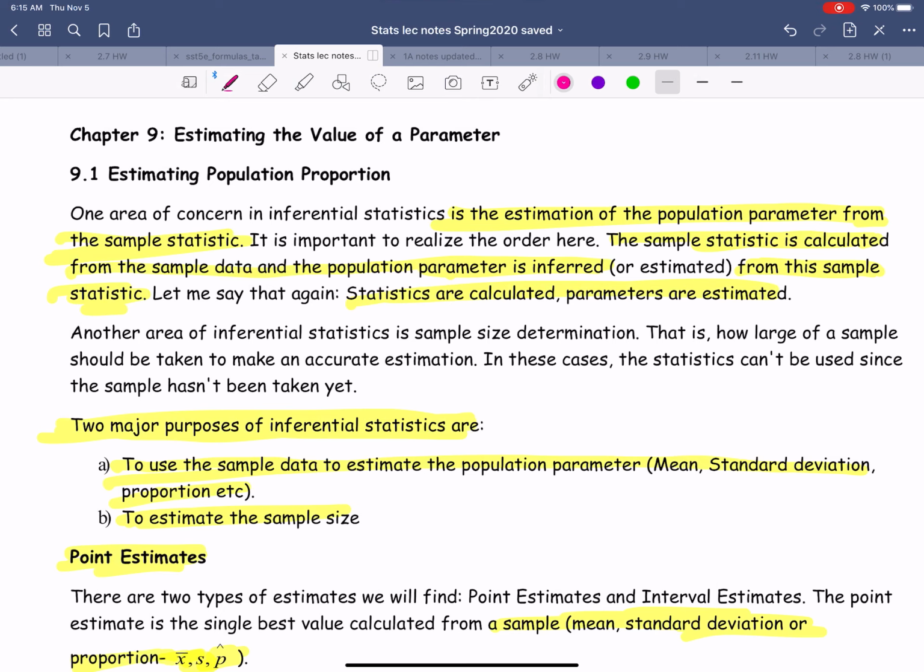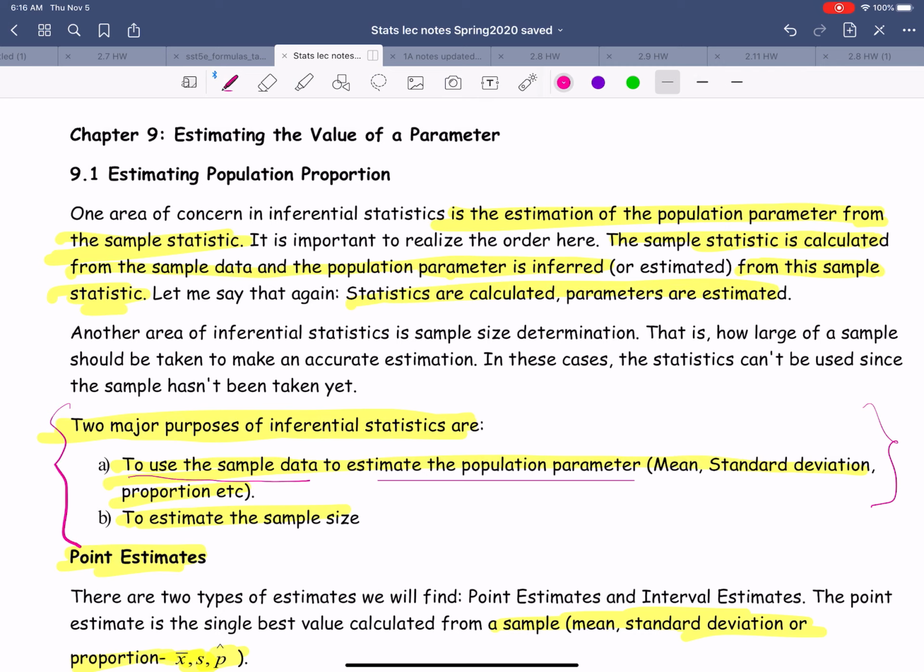In this video, we will start Chapter 9, Estimation. There's two major purposes of estimation. One is to use the sample data to estimate the population proportion, because it's not really possible to study the whole population. So we study the sample, and based on the sample, we make some inferences about the population.